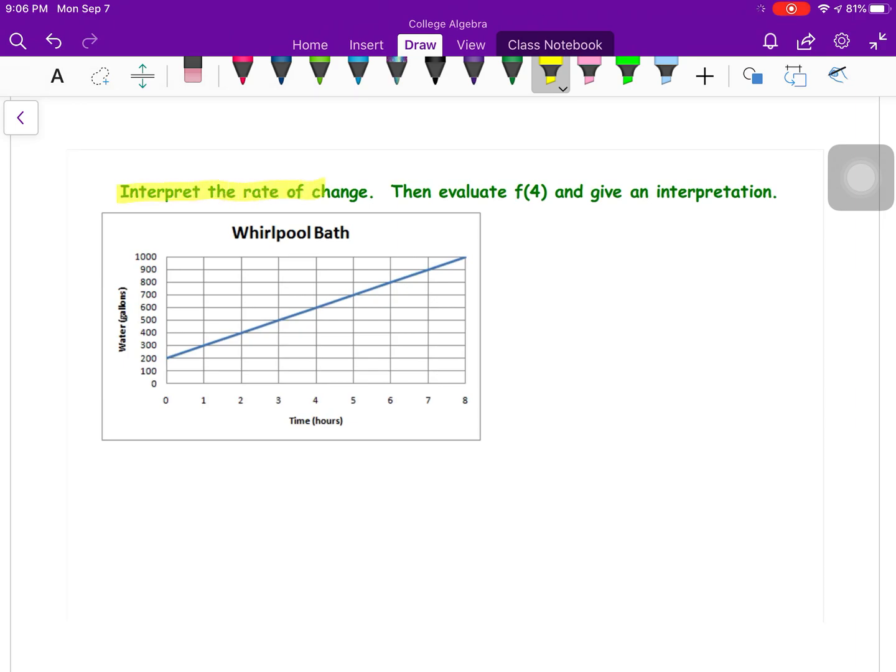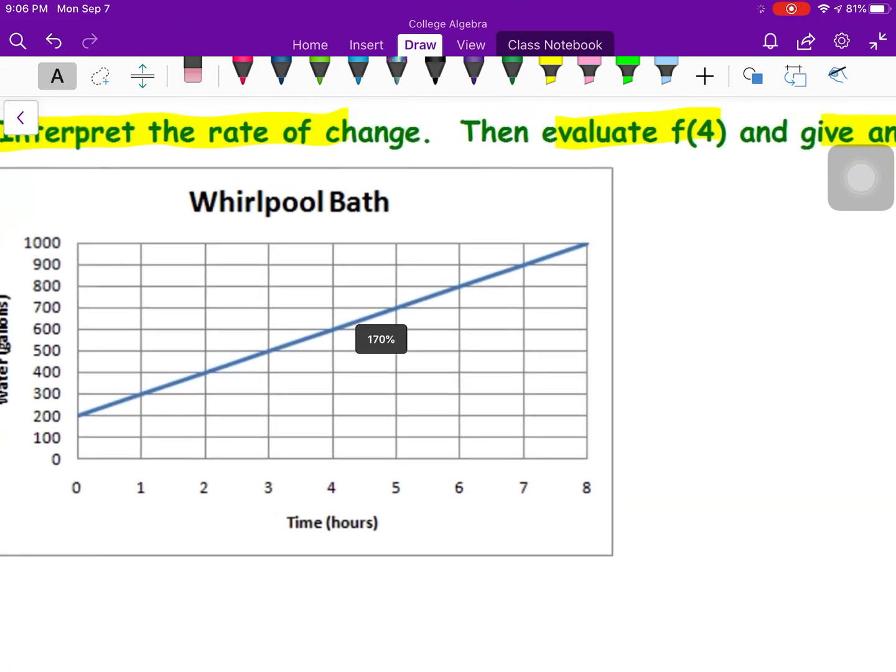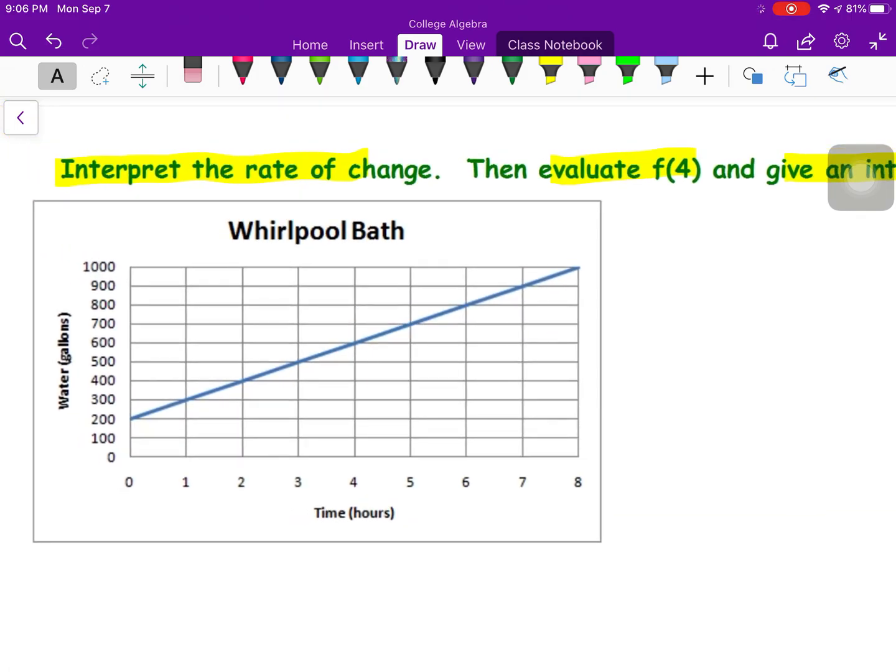These directions say, interpret the rate of change, evaluate f of 4, and then give that interpretation. So 3 things. Interpret the rate of change. That means I want a sentence about the rate of change. Well, if I'm going to interpret the rate of change, I have to, first of all, find it. So I'm going to pick 2 points.